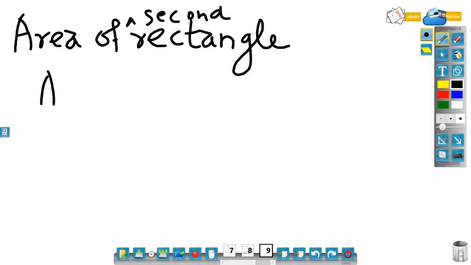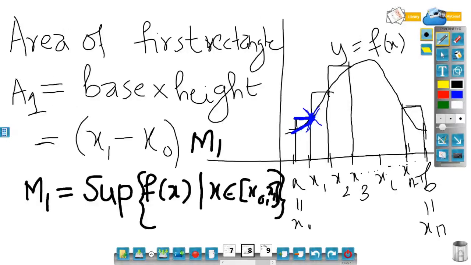Let us call it A2. Again I will come to the graph. The base is x2 minus x1, and the height, again I will see the function. This is my function, this curve. In this the maximum value touches over here, so I am supposed to find that value. That will give me the height.